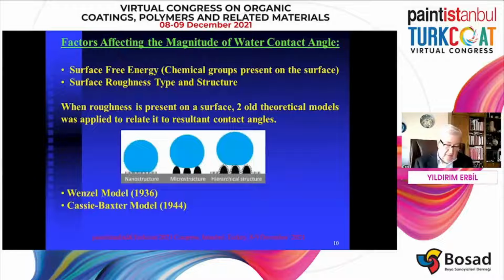After the discovery of the lotus effect, we see that this is a hierarchical structure, that there should be two size-ranged hierarchical structures to obtain a superhydrophobic surface. And then people started to apply two models, the Wenzel model and the Cassie-Baxter model, in order to describe the situation.